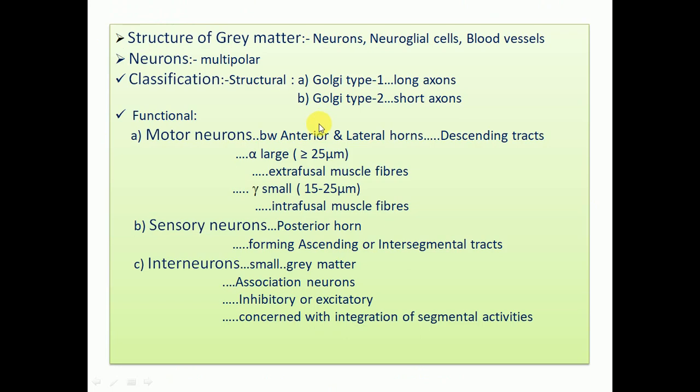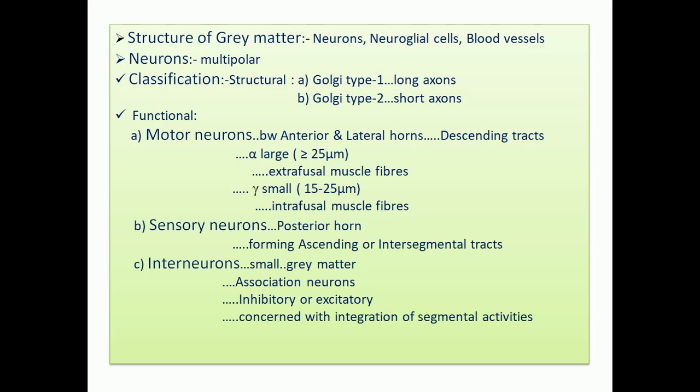Now we discuss the structure of the grey matter. Like other structures of the CNS, it contains neurons or nerve cells, neuroglial cells, and blood vessels. Neurons here are mostly multipolar in nature. They are classified in two ways, structurally and functionally.